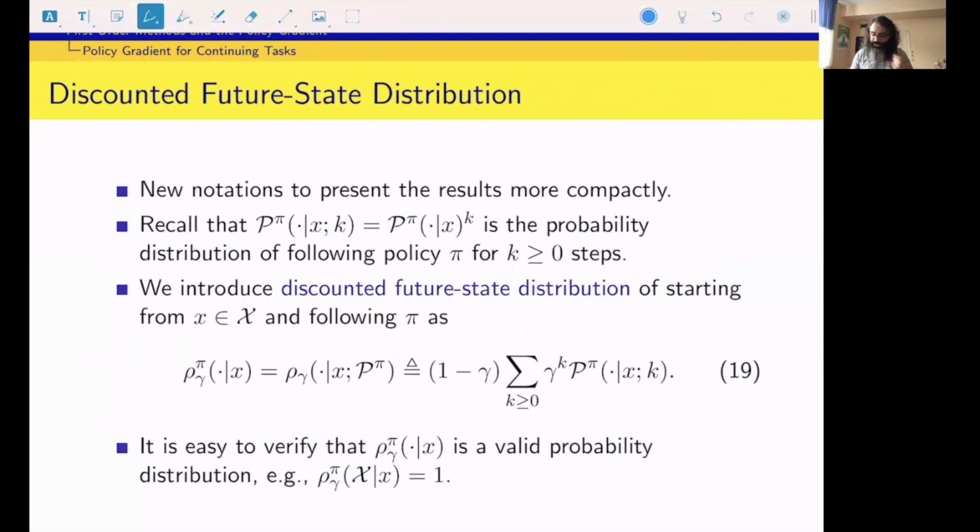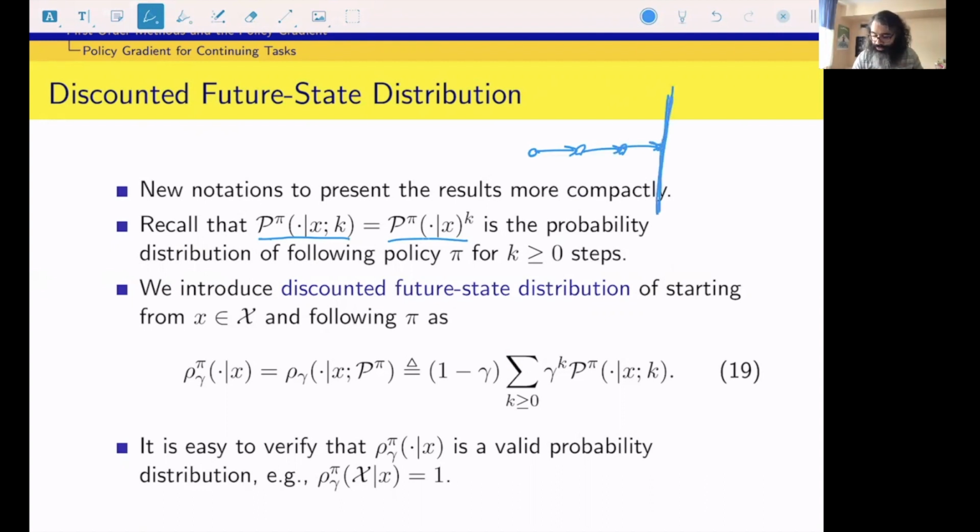Okay, so I need to introduce some notation. So recall, I think we had seen this before, P of pi to the power of k, which was basically the probability distribution of following policy pi for k steps, starting from state x. So we are at time, say 1, we go multiple steps, and there's a distribution where we end up.